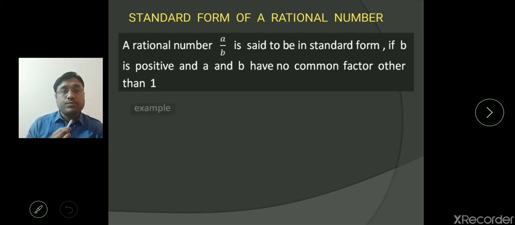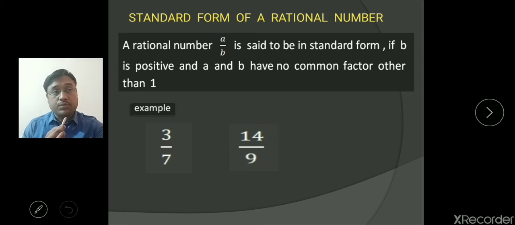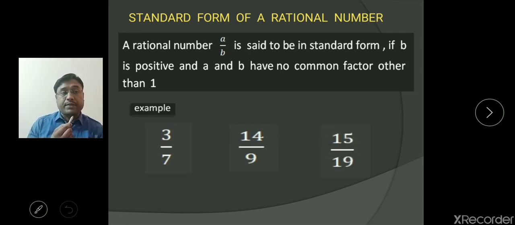So we can understand that 14 by 9 is a standard form of a rational number, because 14 and 9 do not have any common factor and the denominator is positive. Similarly, 3 by 7 is also a standard form of a rational number, and 15 by 19 also. They don't have any common factor and the denominator 19 is positive.